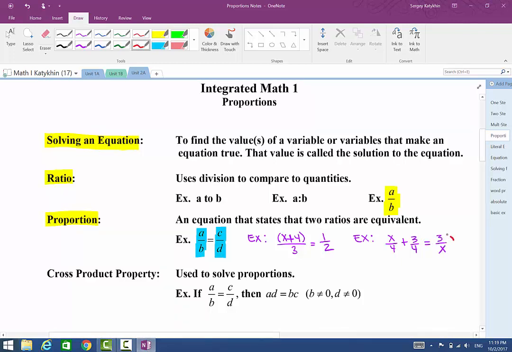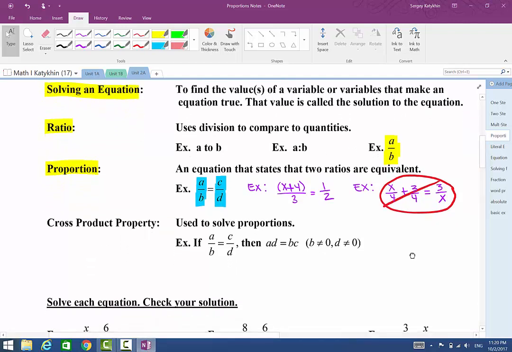This is not a proportion. So make sure you don't confuse that, because you have two fractions added together and equaling one fraction. A proportion is a fraction equaling another fraction. So keep that in mind as we go through today's lesson.